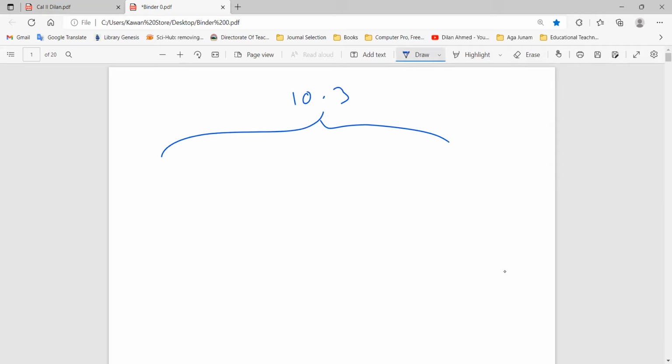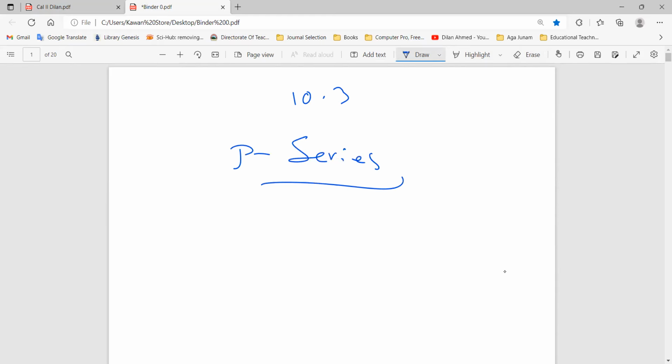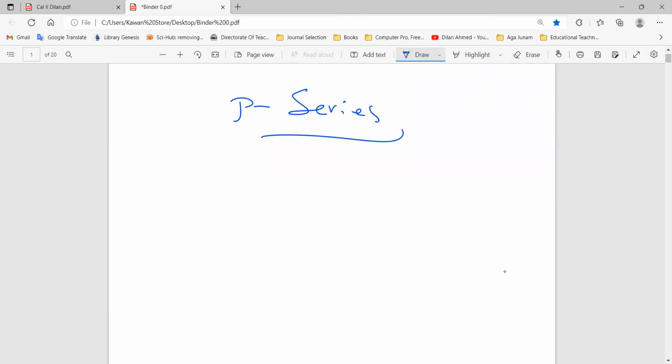P series. Let me say one thing. When you say P series, I thought it was in 8.8, we have the integral from 1 to infinity of 1 over x^p dx.